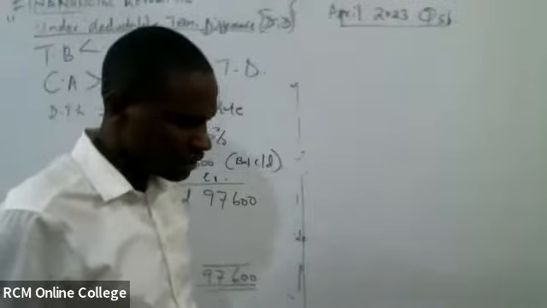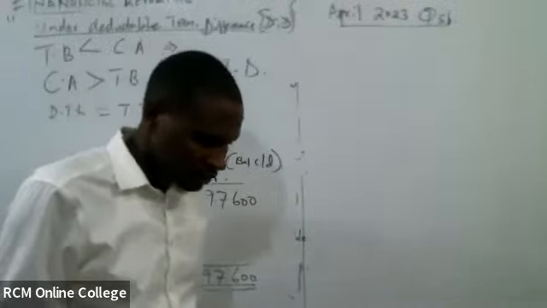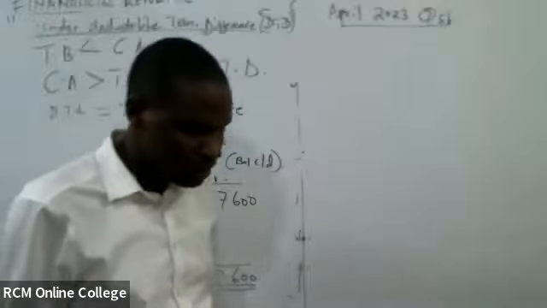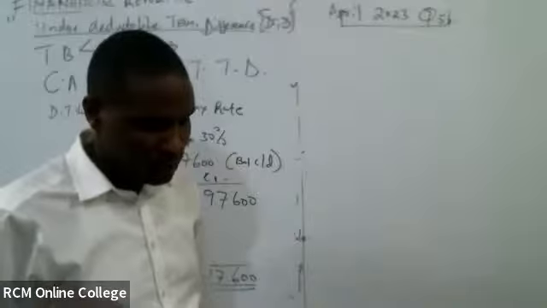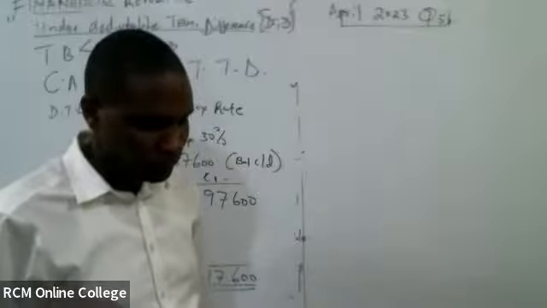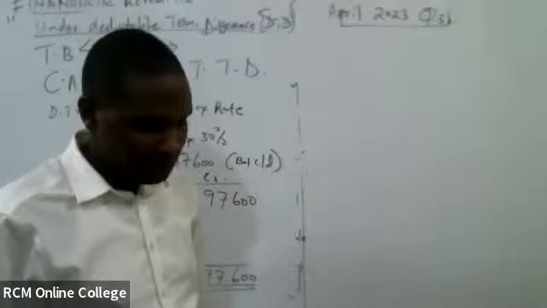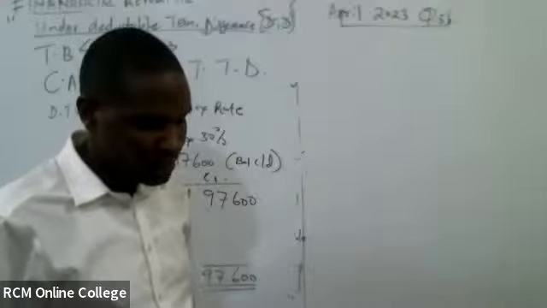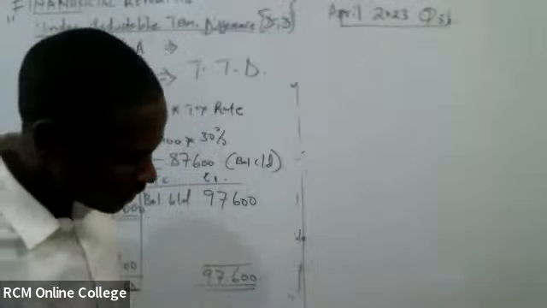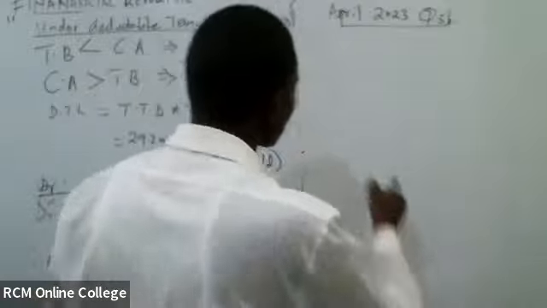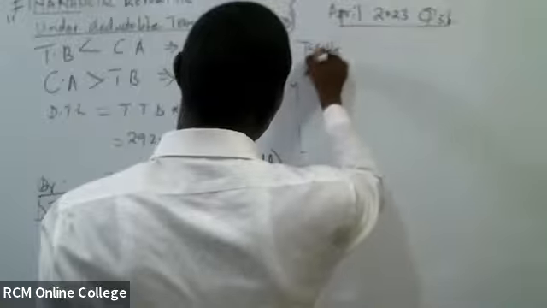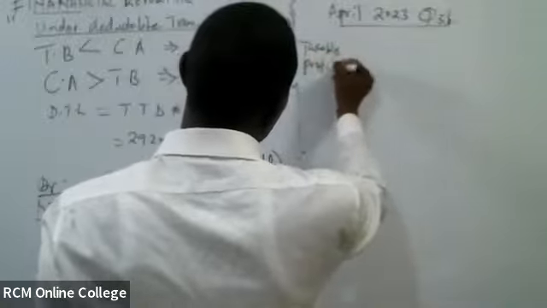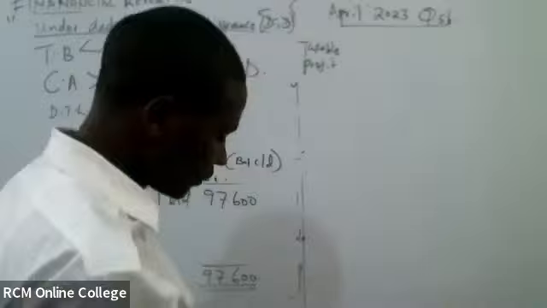Now class, solving the question. They have said we use straight line. How do we compute the taxable profit, class?